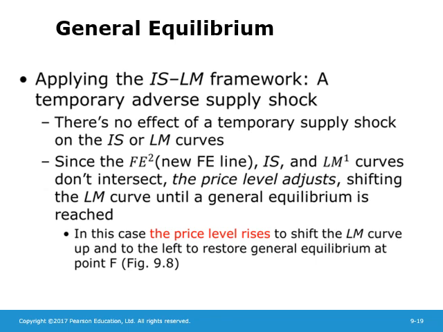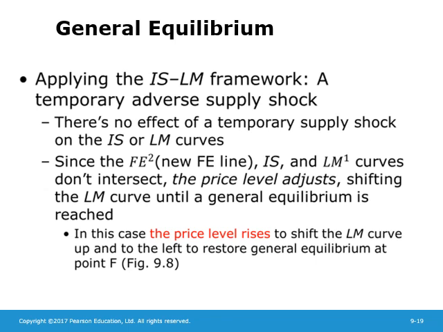But for now, you can follow from our discussion that we have a new FE line that's shifted to the left, and IS and LM curves that did not shift, they are the same. And there's no point of intersection between the three curves. So to reach this point of intersection, which is the general equilibrium point, the price level has to change in order to shift the LM curve.